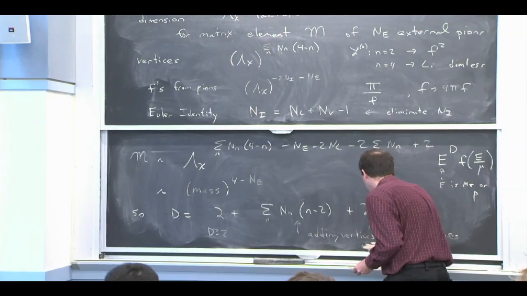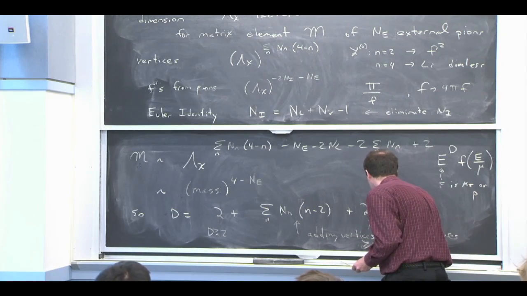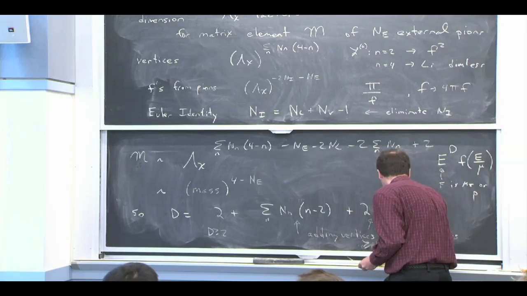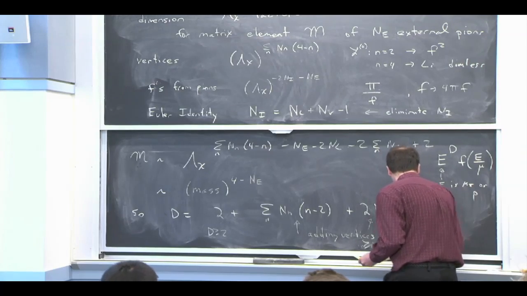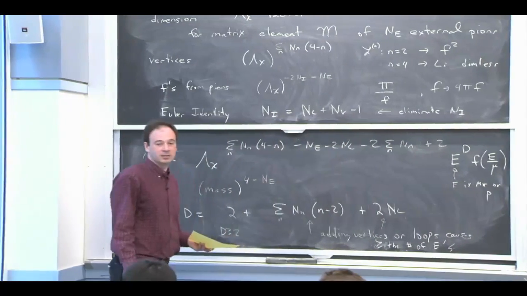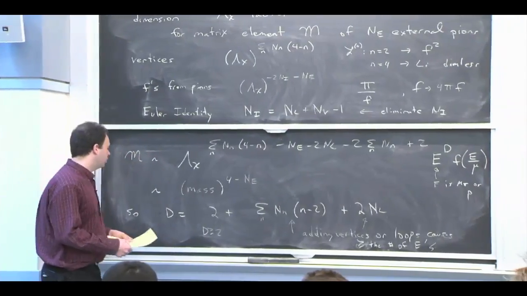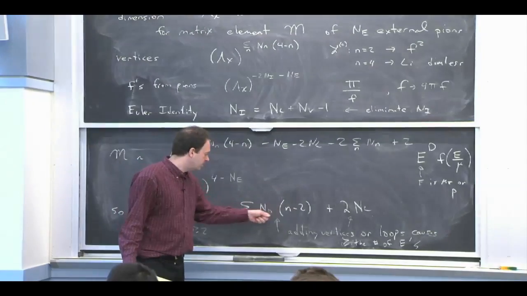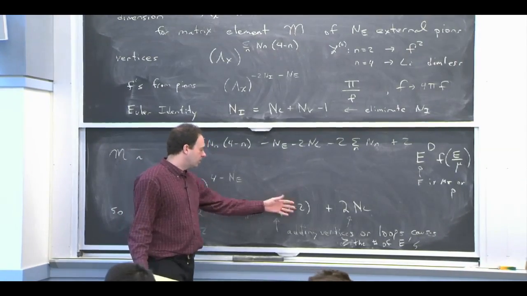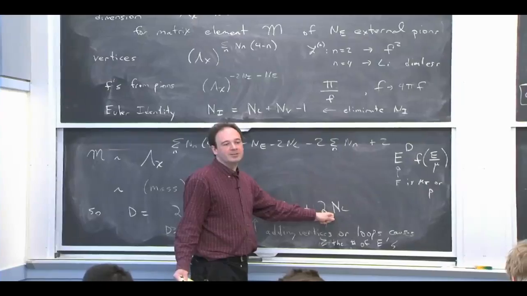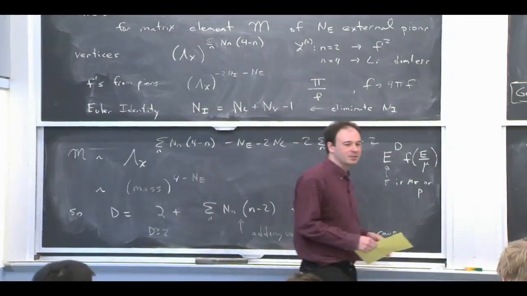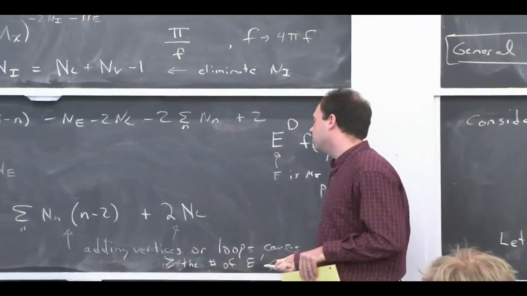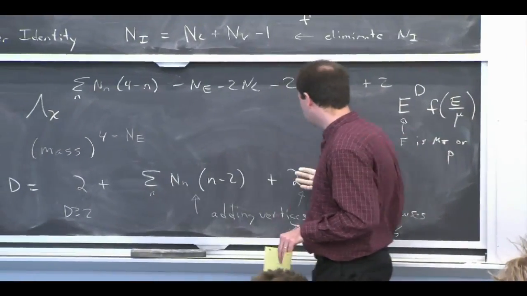So you always get more e's, which are m pi's or p's, by adding vertices or adding loops. So when you looked at the loop graphs that were built out of the leading order Lagrangian, those terms had this be 0 because n was 2. But then you got suppression because we built loop graphs. So you got suppression from this term. And when we looked at the higher dimension operators, there was no loop, so we didn't have this term.